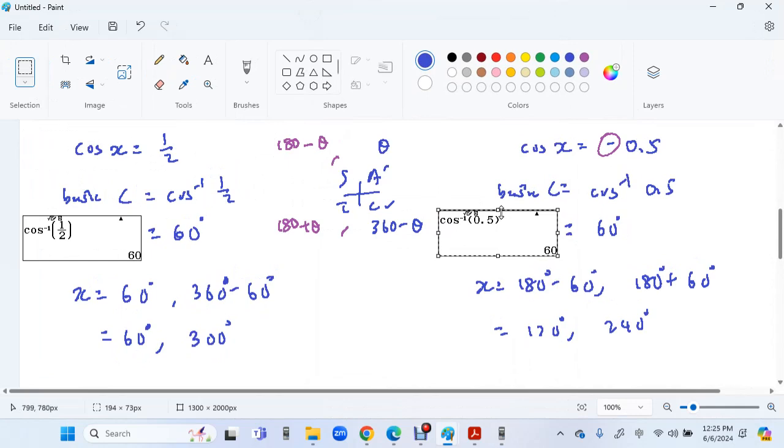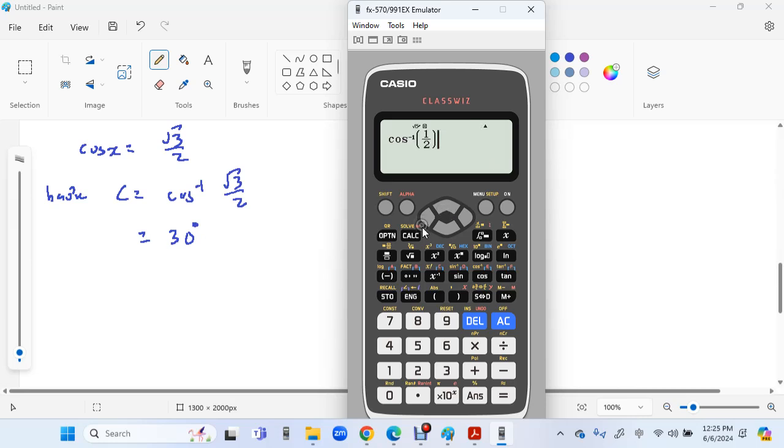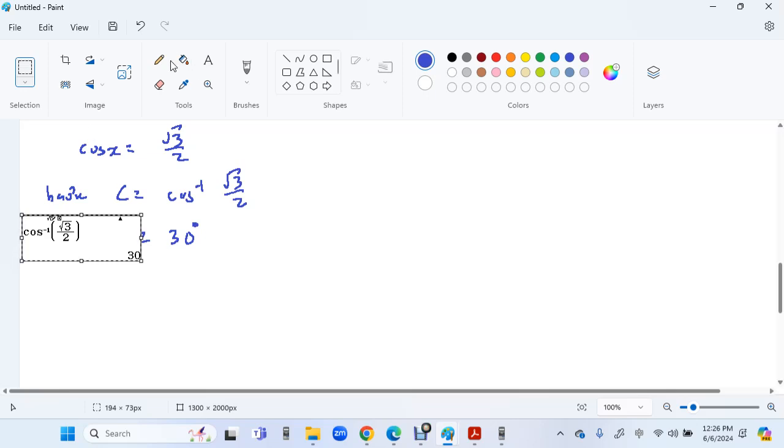Then next, if we have cos x equal to square root 3 over 2, then the basic angle will be arc cos of square root 3 over 2, which is 30 degrees.